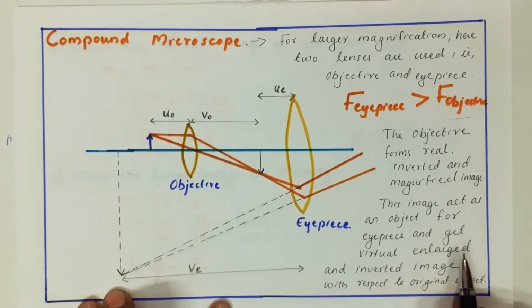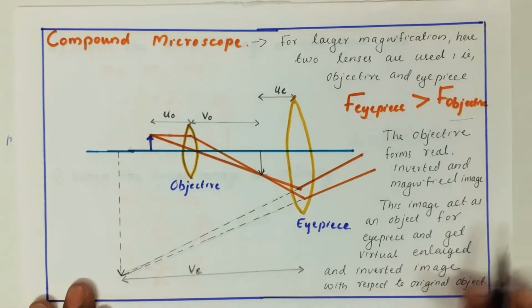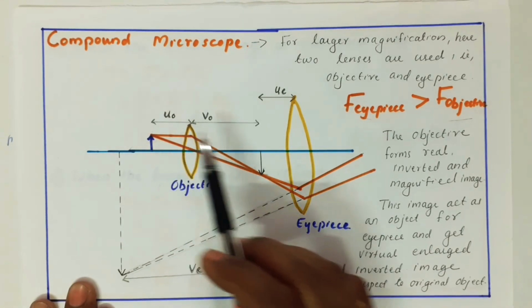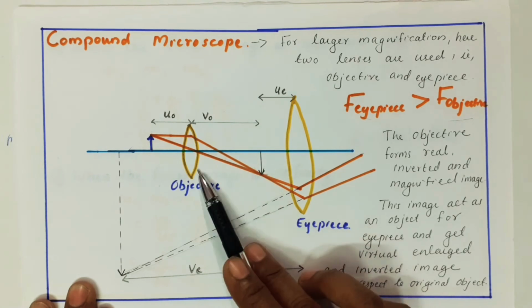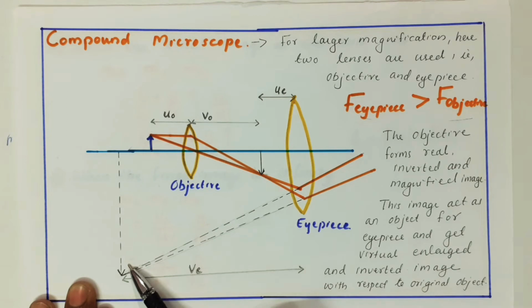So what I want to tell is, here there are two lenses. For the first lens, the object gives an image. The first lens image acts as an object for the second lens, and finally we get an enlarged, virtual image.